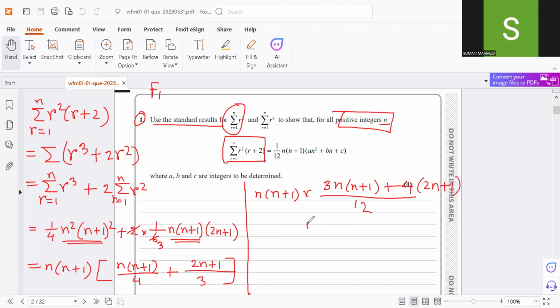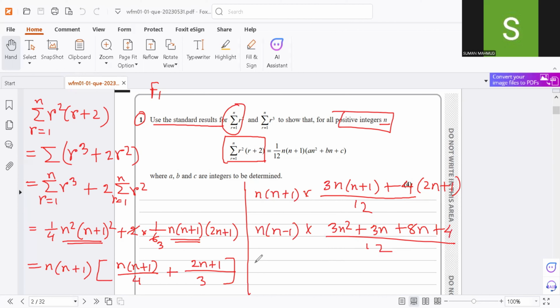So simplify it into n plus 1. The denominator is 12. So 3n into n, 3n squared, 3n into 1, 3n, plus 4 into 2, 8n plus 4.